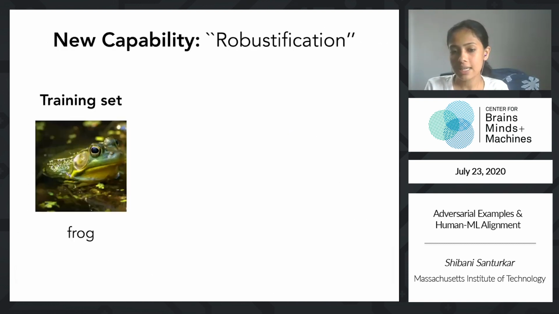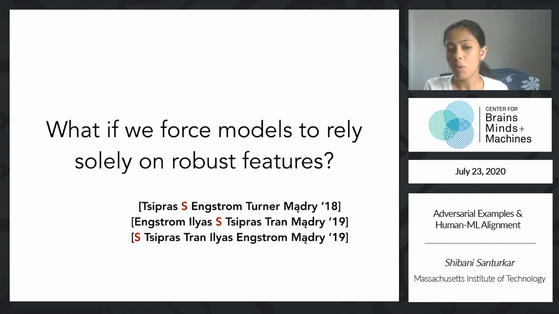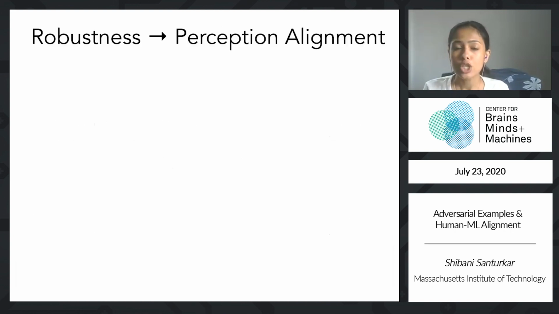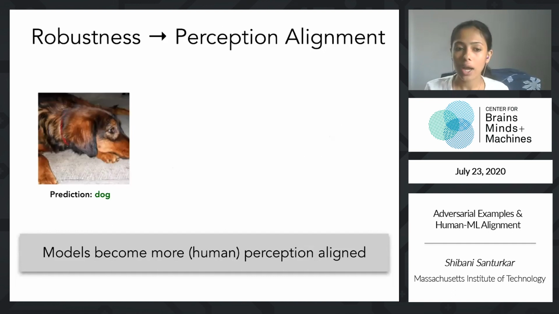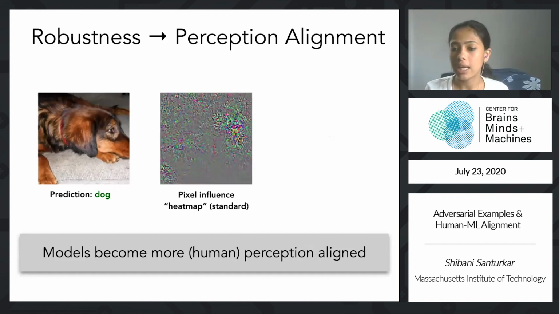If we look at models that rely only on robust features, which I'm going to call robust models from now on, they have many interesting properties. The first thing you see is they become more perception aligned in some sense. I showed you before that the gradients or saliency maps of a standard network look pretty noisy, and the model is relying on features that don't really make sense to us.